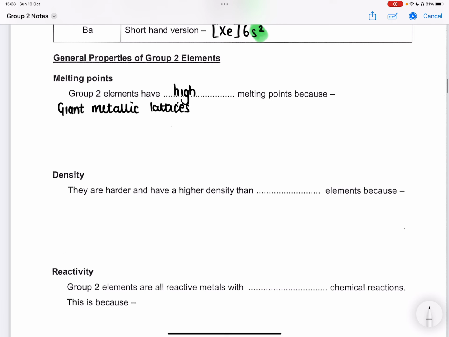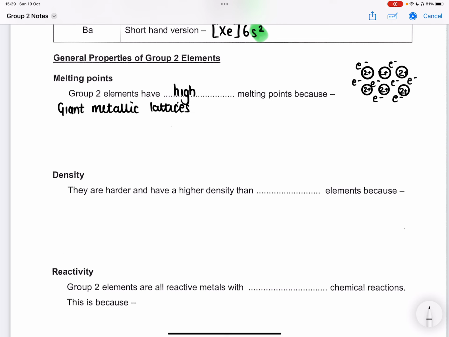It means we've got lots of positively charged metal ions in a regularly, endlessly repeating lattice structure. Because they're in group 2, these are all 2 plus. And then each one of these has released 2 electrons into the sea of delocalized electrons.